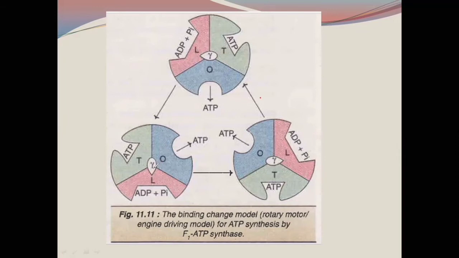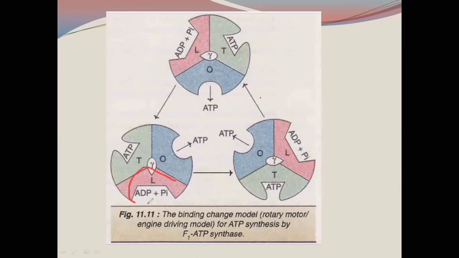By the rotation of this gamma, just focus on this gamma and its pointed form, which will rotate. Because of the rotation of this gamma subunit, the beta subunit has three conformational changes: loose form, tight form, and open form.